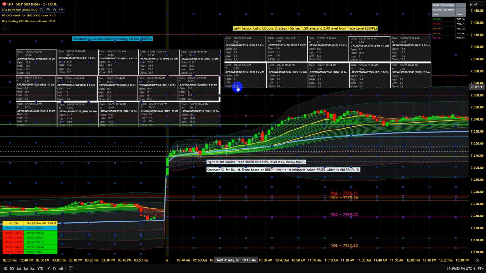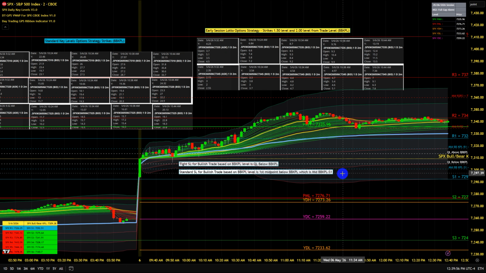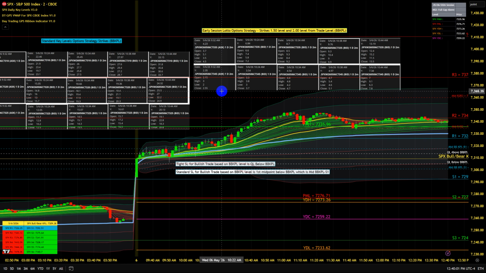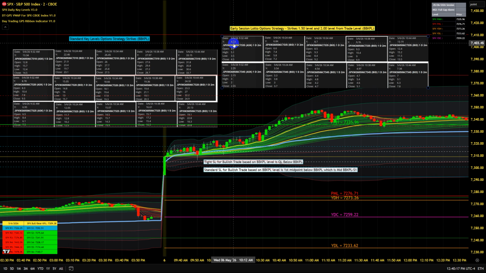Here you're paying $2.55, $255 for this option. So again, you can still use these tight or standard stop loss on this if you prefer using a hard stop loss as a level on these early session lotto option strategies. However, you also have the option of utilizing no stop loss if you prefer to look at it that you're basically going to be having about the same amount of risk with either one of these.